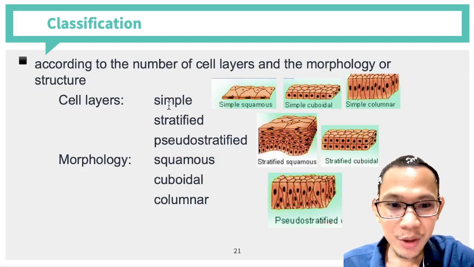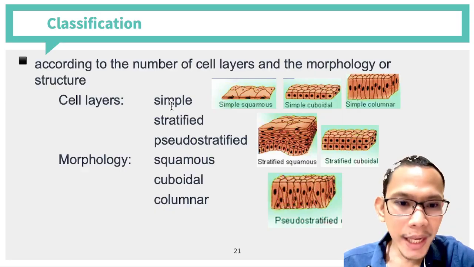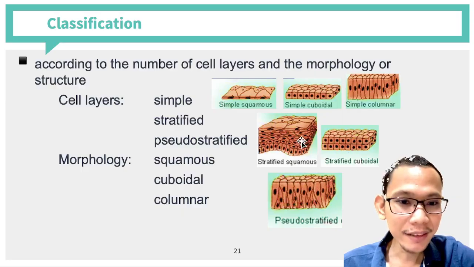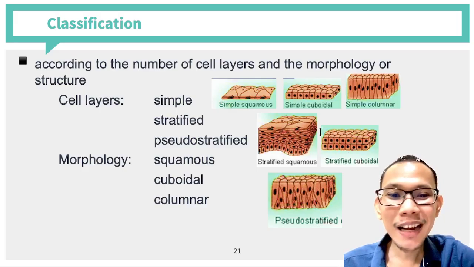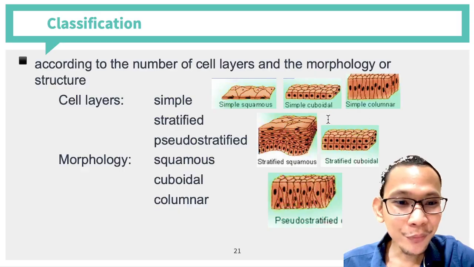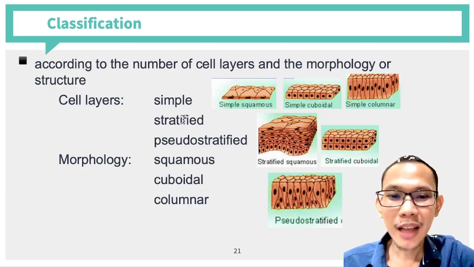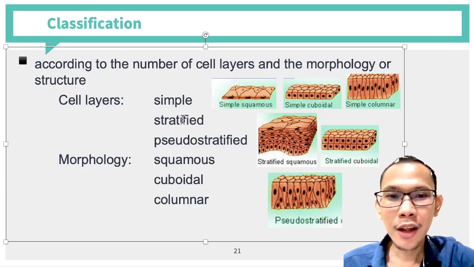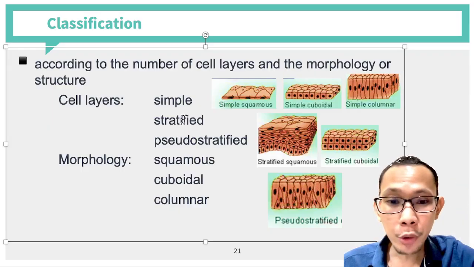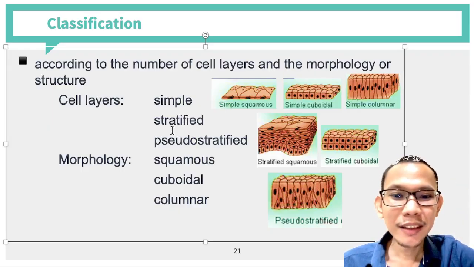Very good. Stratified. When I say stratified, how many layers ang nakikita natin? 1, 2, 3, 4, 5. Sobrang daming layer. You can have 2 or more layers. That's stratified. Again, simple, 1 layer. Pag 2 or more, that's stratified.